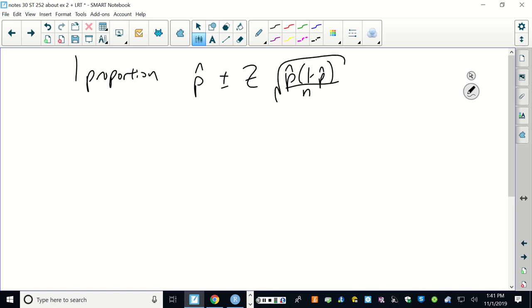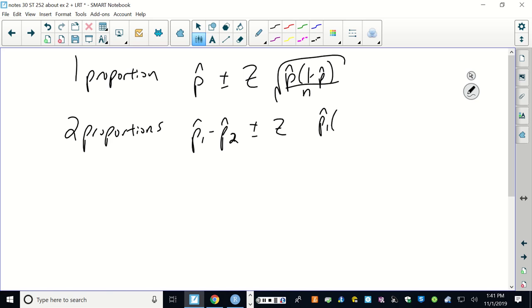Or if we did difference of two proportions, there was the difference of proportions to get our estimated point, plus or minus a standard error, and it was the sum of those two standard errors. It's rather the sum of the two variances.